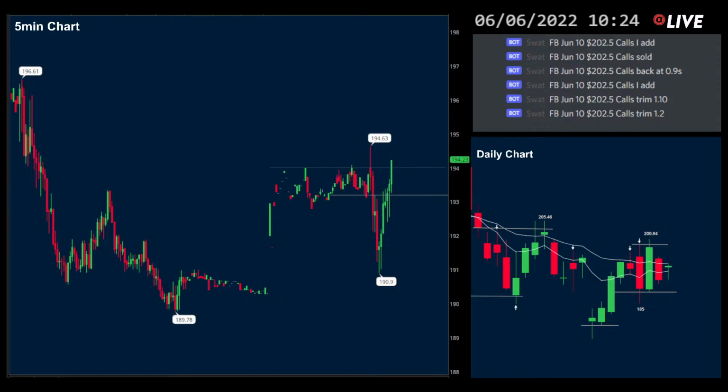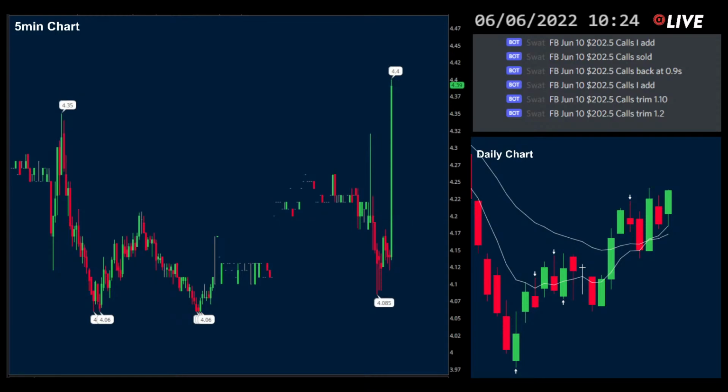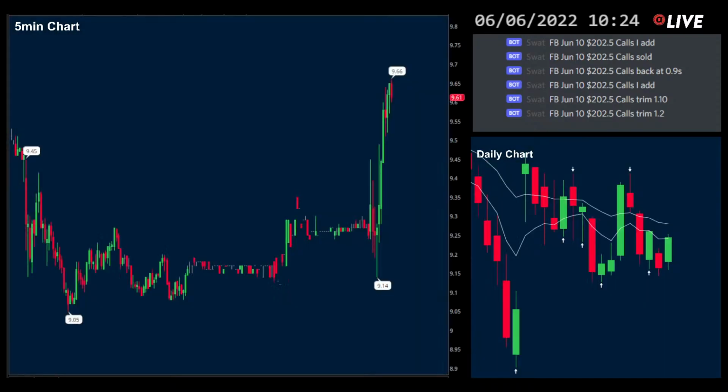FSLR going, 440. Well done, guys, well done. Nice move, FSLR. Wood new highs on the day. Well done.